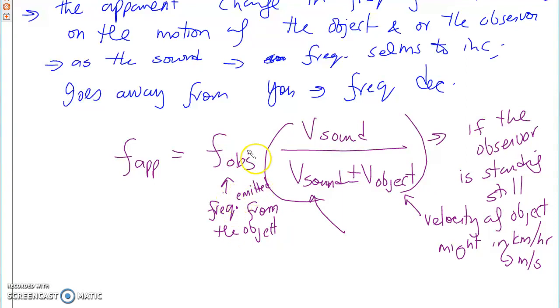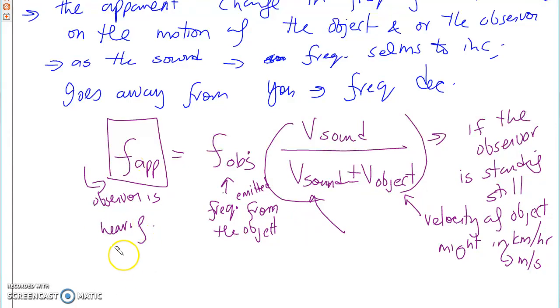Now that frequency can only be changed by the object. So this is the apparent change. This is what the observer is hearing. Now remember, frequency of course is measured in hertz. Cool. Okay, so this was the first formula that we looked at.